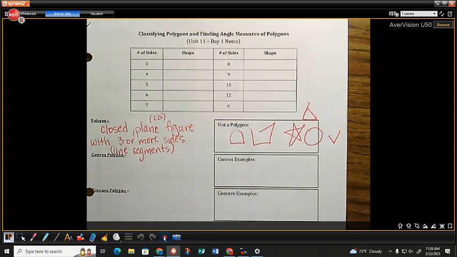Triangle. Rectangle. It could be a square. I'm gonna put a quadrilateral. Hold on, guys, I got this. I'm gonna do the hard ones first. Dodecagon. No, hexagon is six.